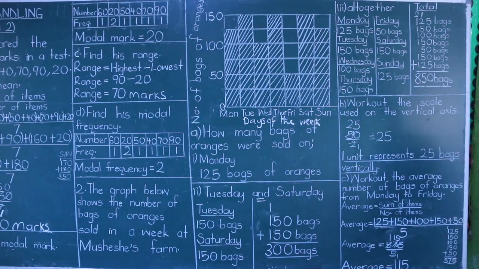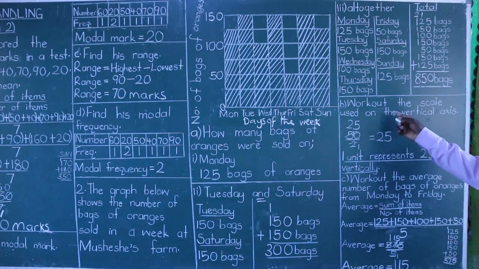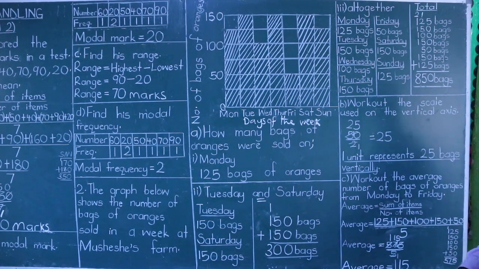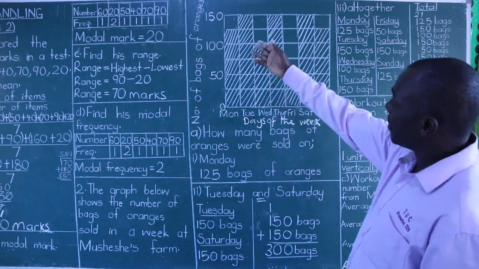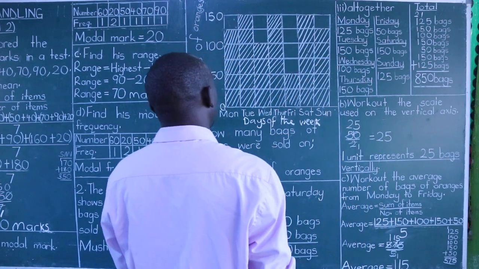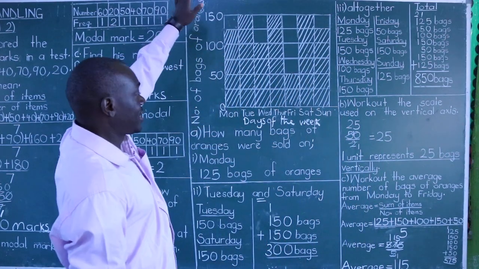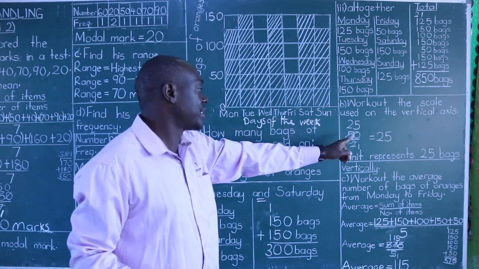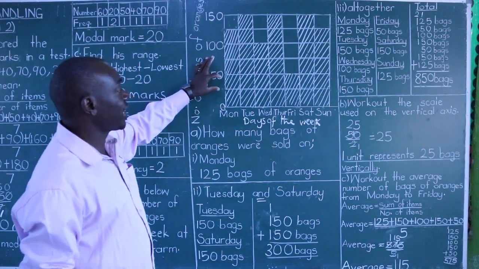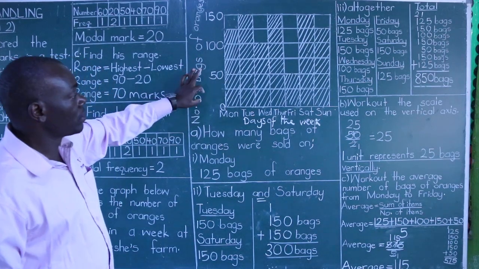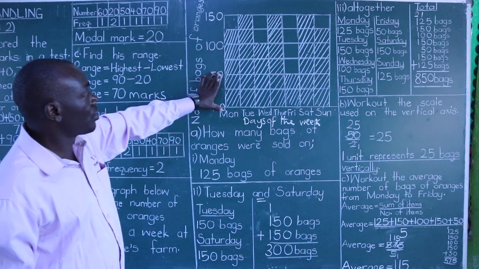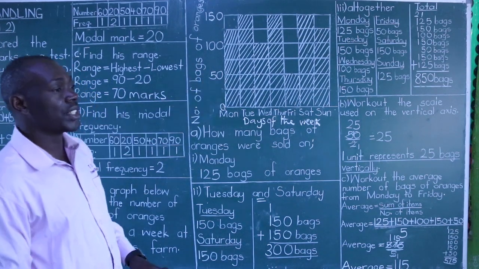As we go to part B, part B says work out the scale on the vertical axis. That upward movement is called vertical axis. This is vertical axis, as I said before. This is horizontal axis. So we already studied the scale. I told you the first labeling and the second labeling determine the scale.